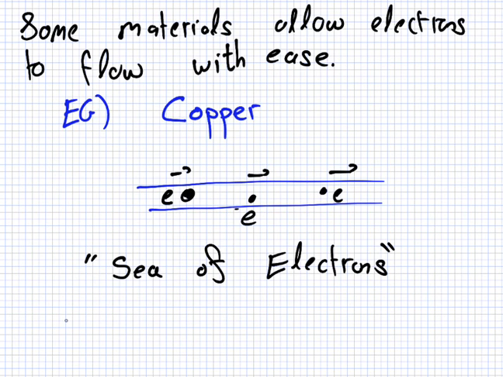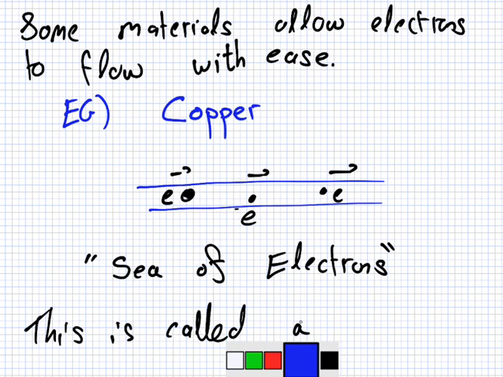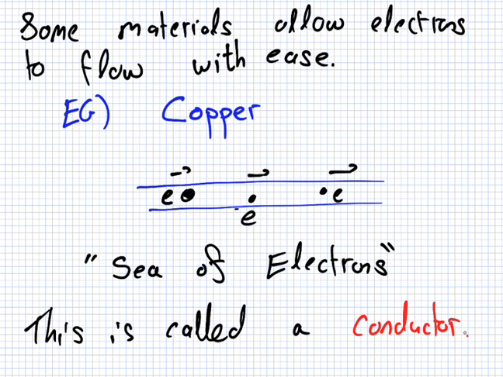I've heard this one. All the electrons are free to move, that's all. And this is called a conductor. You know this word conductor in chemistry, yeah? So if the electrons can move easily, then we say it's a conductor.